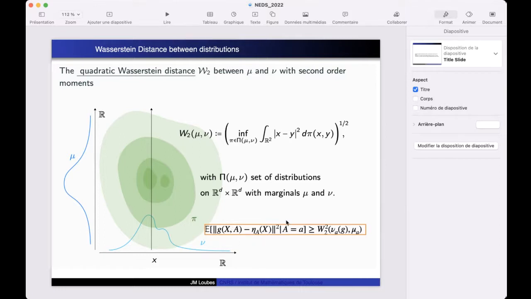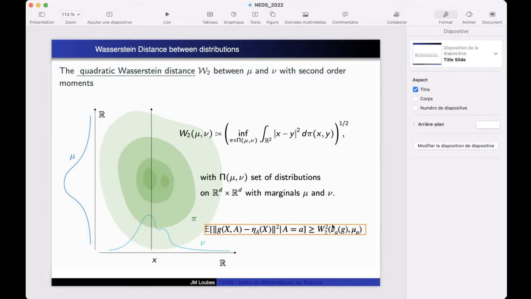if I look at my quantity here, this quantity is a coupling between a variable with distribution nu a of g and another one which has distribution mu a. So this function is a coupling, so it's greater than the minimal way to move nu a of g to mu a.